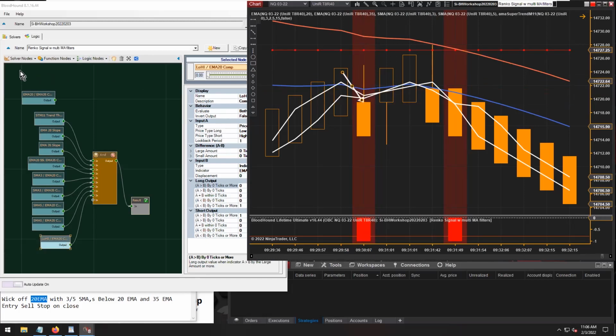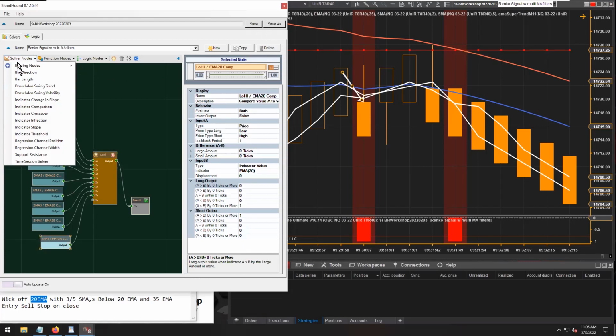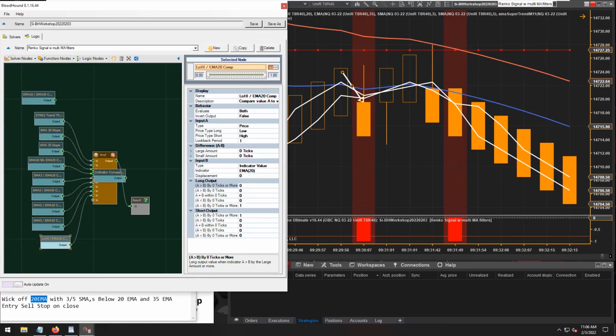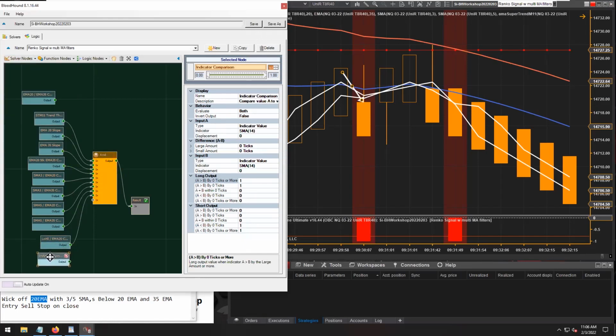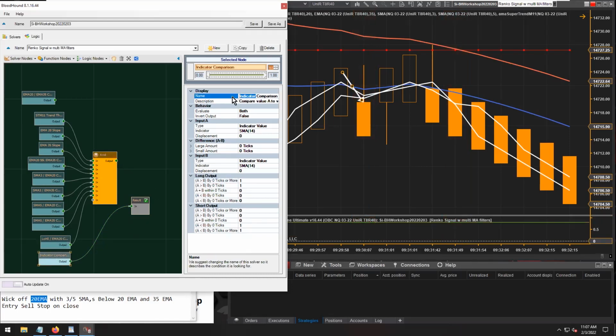So let's grab another comparison solver. Connect that up. Now we're going to compare the open price of the bar to the EMA 20. And that's how we can isolate that only the wick of these Renko bars is touching the EMA.